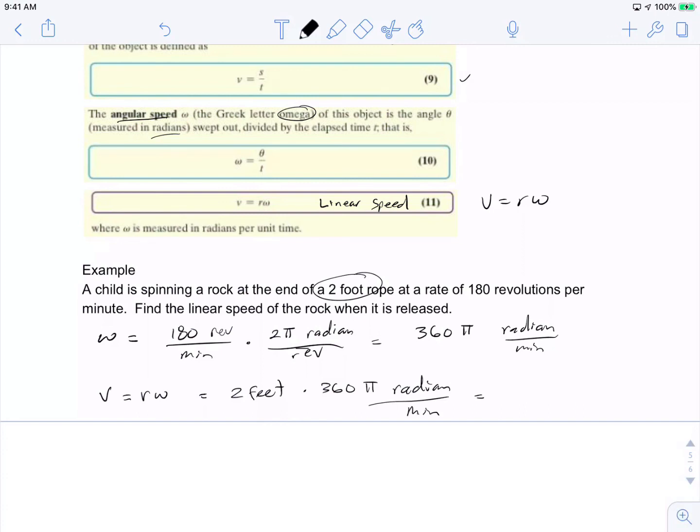That's going to result in 720 times pi feet per minute, which results in 2,262 feet per minute. So pretty fast. When this child lets this go, this could hurt somebody.